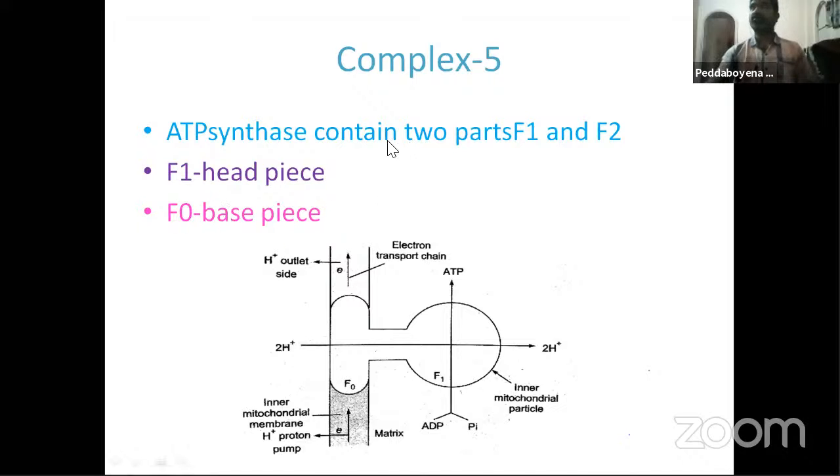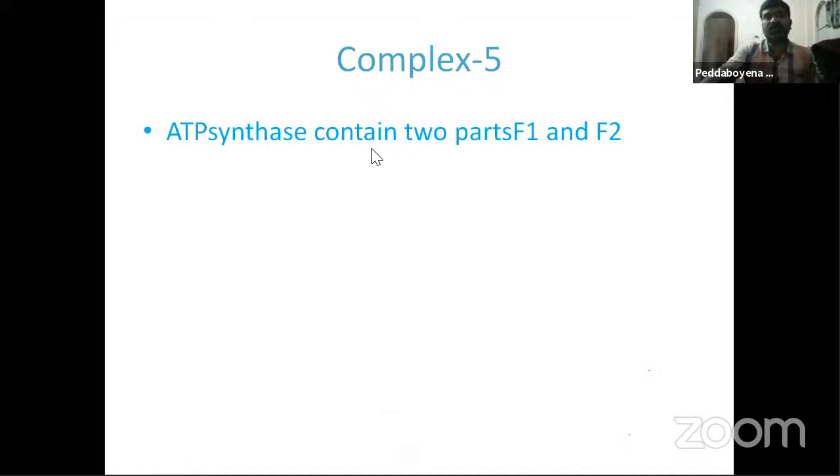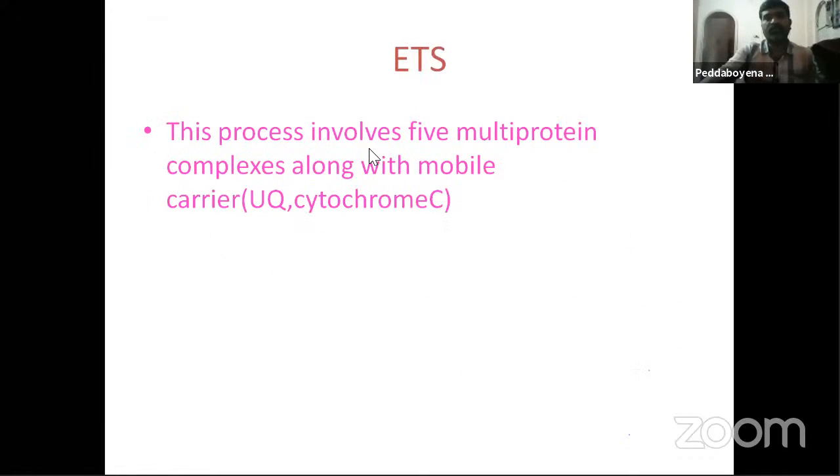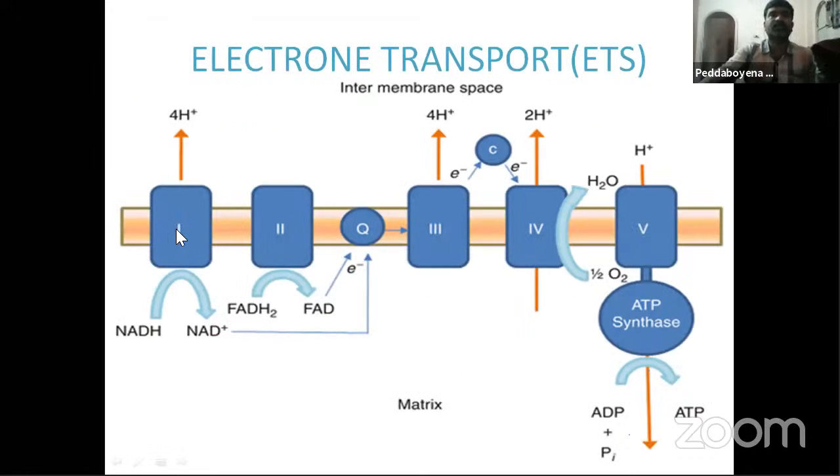So now let us discuss the process of electron transfer. First, in complex 1, this is the matrix, and this is the inner membrane space. This complex 1 is considered the gateway for electron transport.